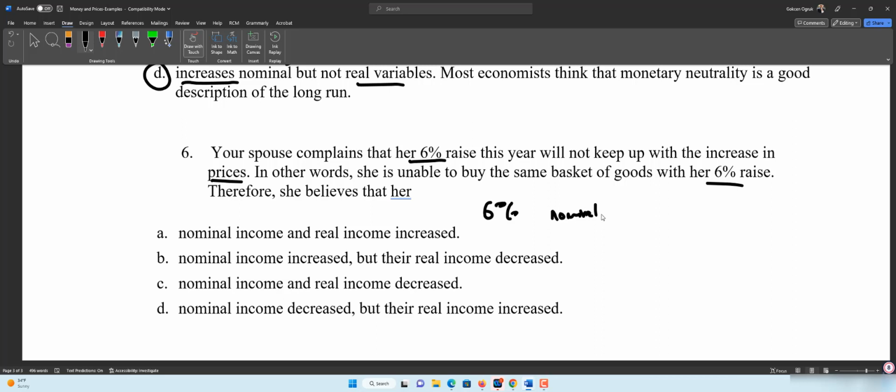A 6% increase in the wage represents growth in dollars. But if she cannot purchase the same number of goods as before, then the real income should go down. So nominal income increases, but real income decreases.